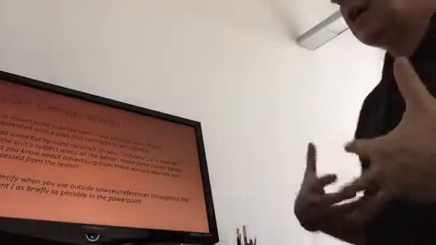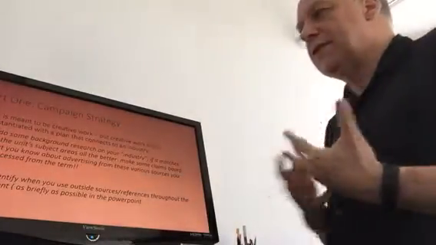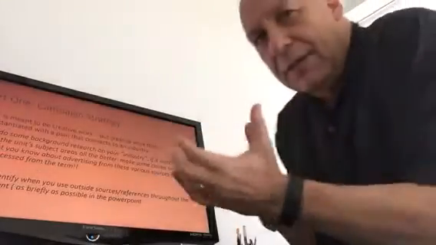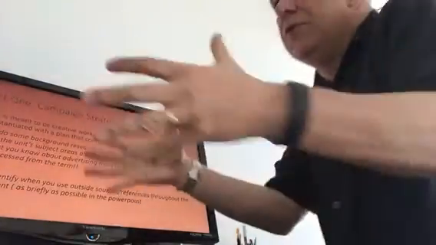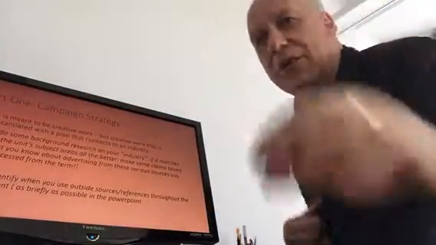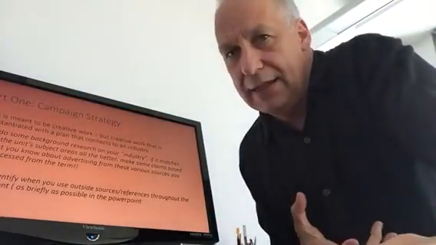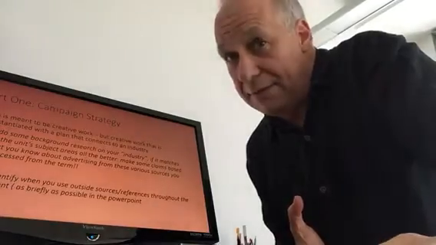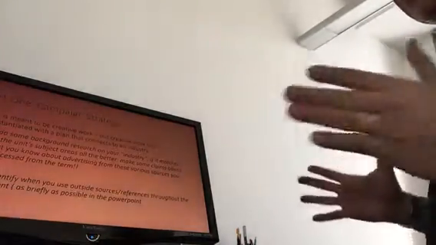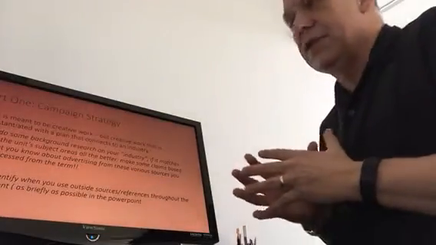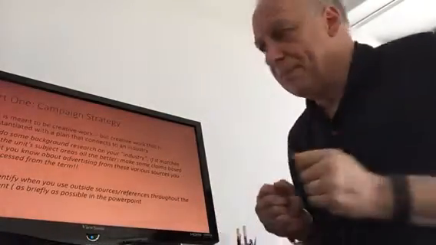Make claims, but make these claims so that they are kind of substantiated from some of the things that you've learned from the term. Don't presume that this essay is out in Never Never Land. It is connected fundamentally to the second half of this term. And here's a second tip. Identify when you use outside sources and references throughout the assignment, okay?